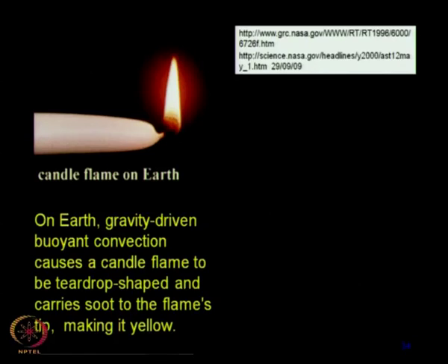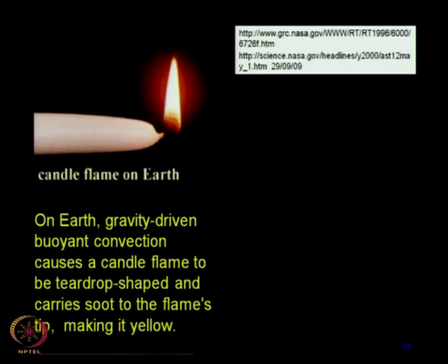And typically on Earth, if you light the flame of a candle, it will look yellow, and it will look like a teardrop shape, as it is called. The reason it has this shape is because it is the convective currents which carry the soot to the top of the flame.